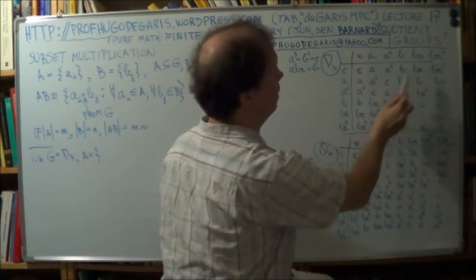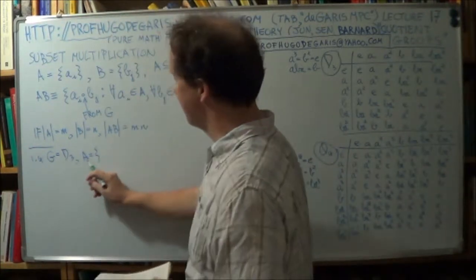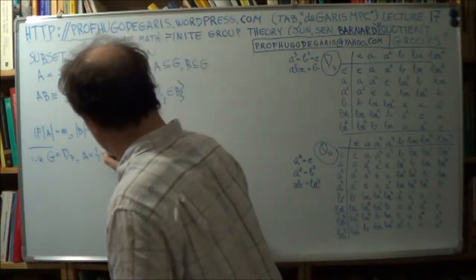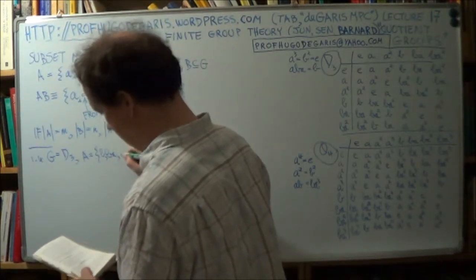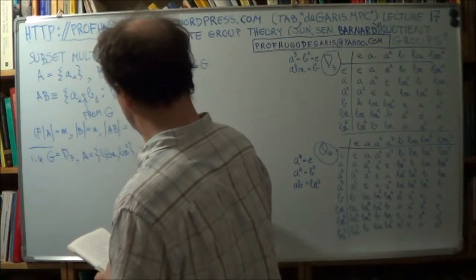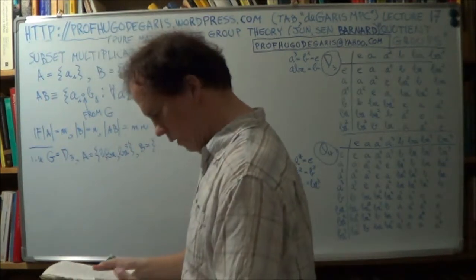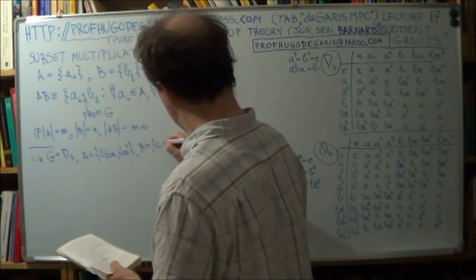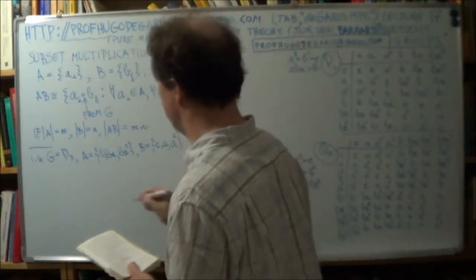Now A is a subgroup of D3, and its elements are B, BA, and BA squared. And subgroup B, we're given, its elements are B, A, and A squared.